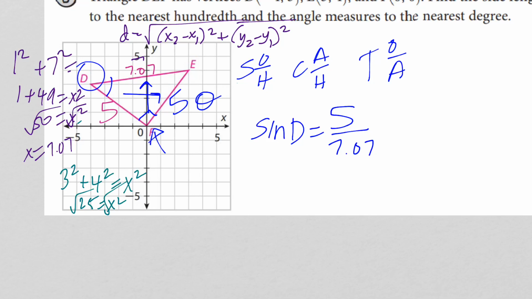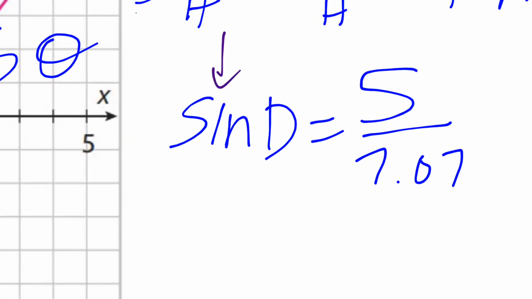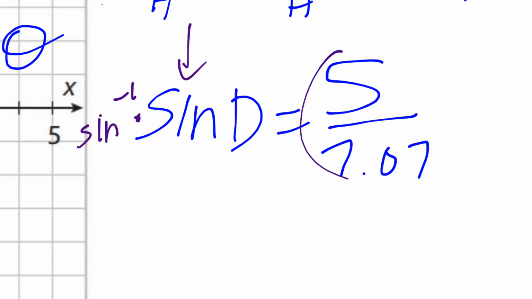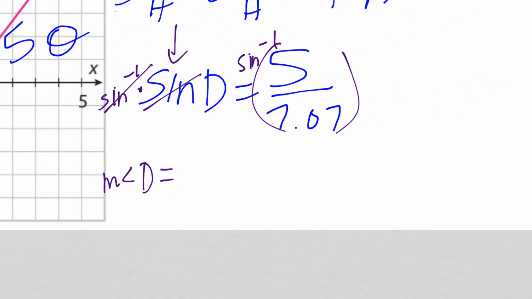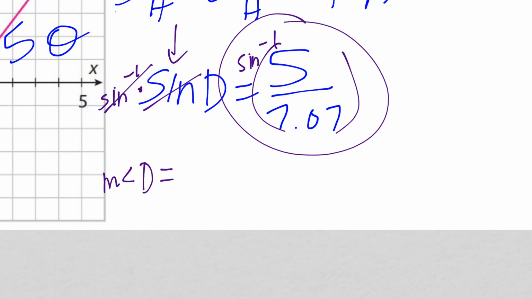To find angle D, I need to get rid of sine, so the inverse function is what I need, applied to both sides. Sine inverse cancels out with sine, so the measurement of angle D is equal to sine inverse of 5 divided by 7.07. And if you do that, you get 45 degrees.